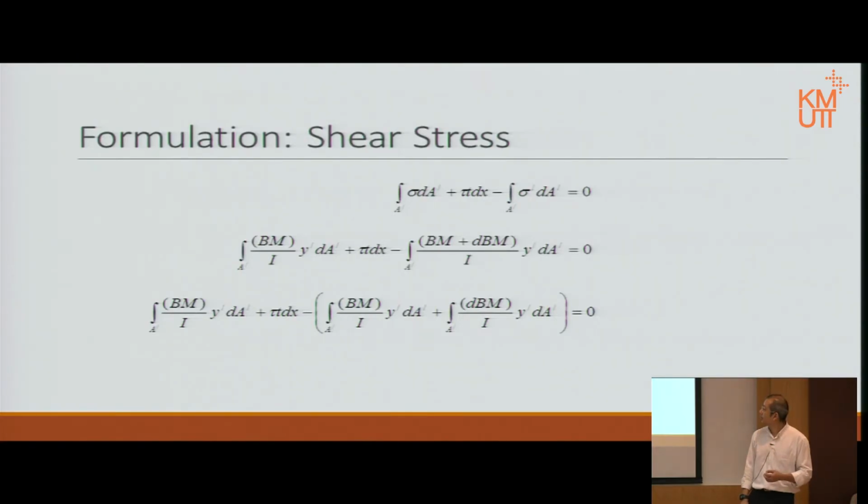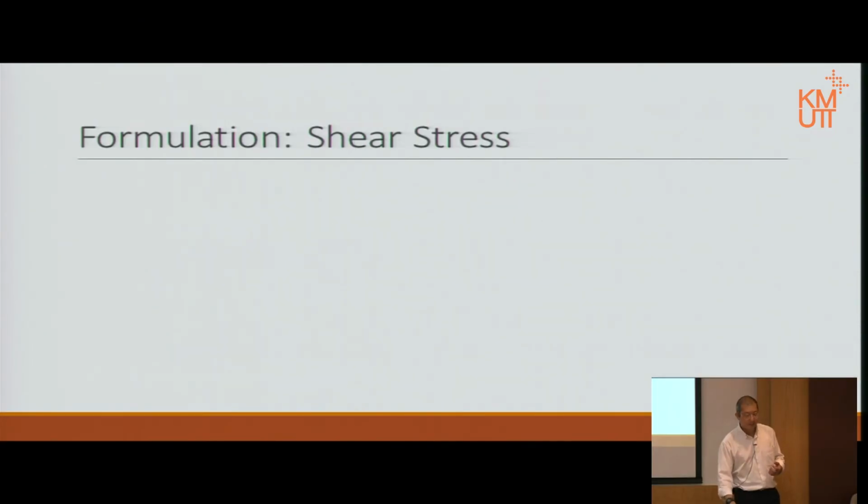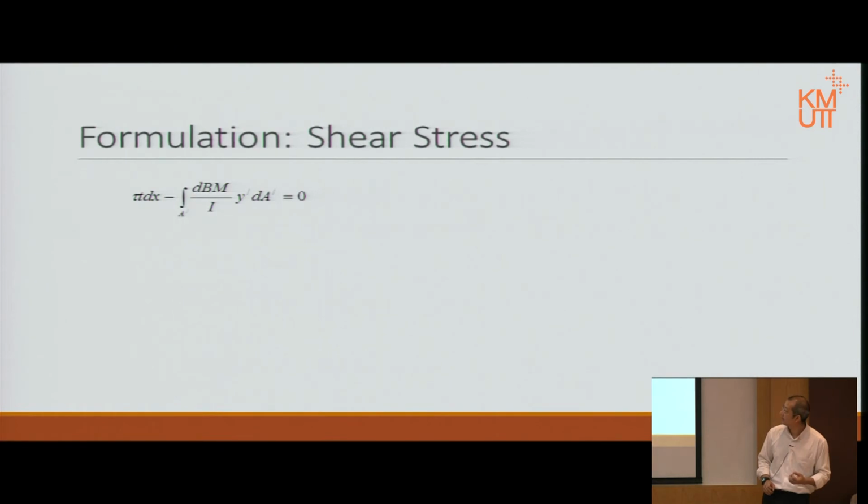Now notice that one is plus BM over I y prime dA, and that one is minus BM over I y prime dA, the same. One is plus, one is minus, so they disappear, and then we have that expression left. Let's move it upwards.